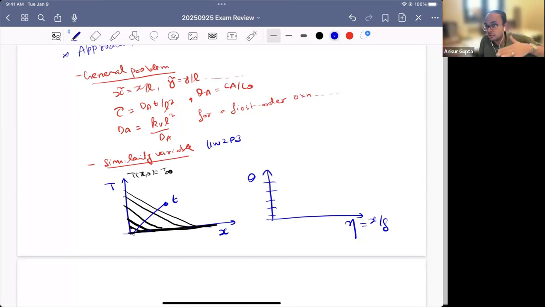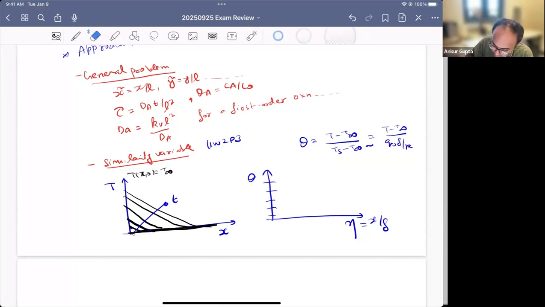But then that's also happening in the y-axis. And so that's why you had to scale it differently. And that's why you had to write T minus T infinity and Ts minus T infinity, which you then had to estimate from the boundary condition as q naught delta by k, right? And now you can see that delta is increasing with time.